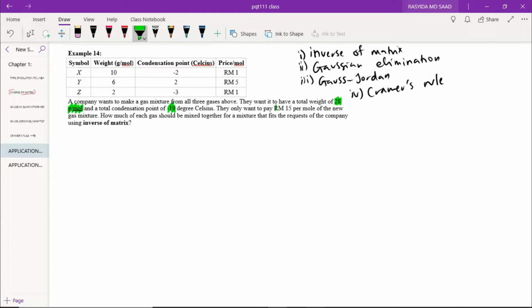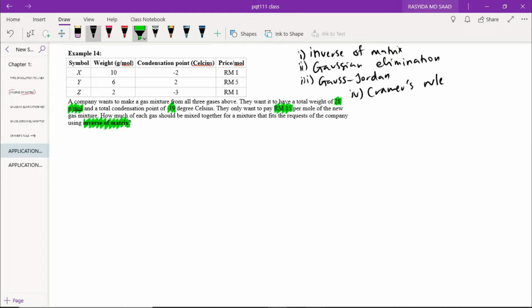They only want to pay RM 50 per mole of the new gas mixture. How much of each gas should be mixed together for a mixture that fits the requirements of the company using inverse of matrix? Since the question asks you to use inverse of matrix, we're going to use inverse of matrix to solve this problem of gas mixture.